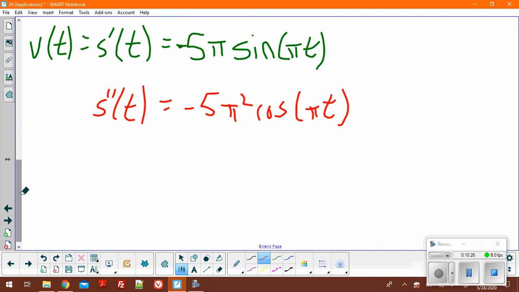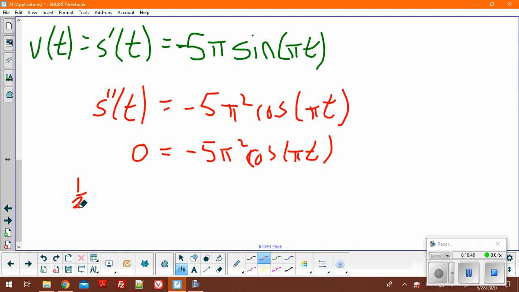Now it's the same thing we did in the previous one. I would set this equal to 0: -5 pi squared cos of pi t. As I mentioned, this formula was very similar to the last example, so I am going to get the same thing I had before. I can either have a half or 3/2 as my value of t.